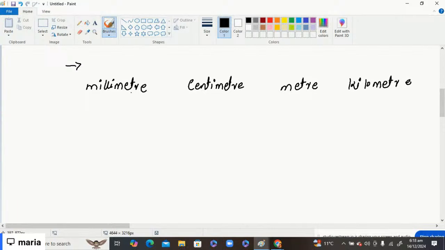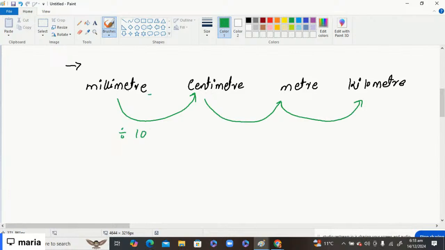If you are going to convert millimeter to centimeter, centimeter to meter, and meter to kilometer, you are just going to divide by 10 for the first two, millimeter to centimeter. For this one, divide by 100. For meter to kilometer, divide by 1000.